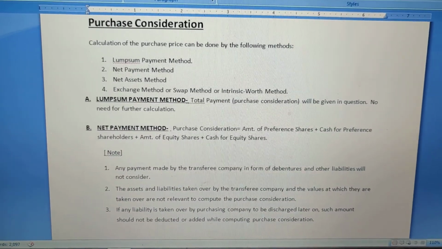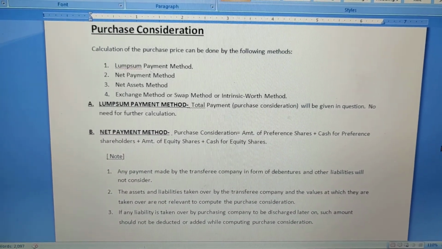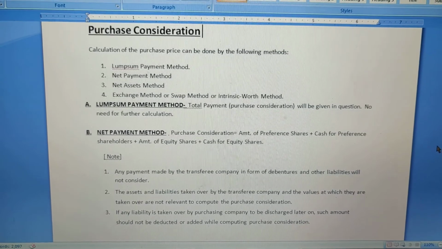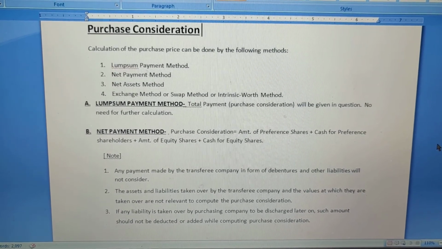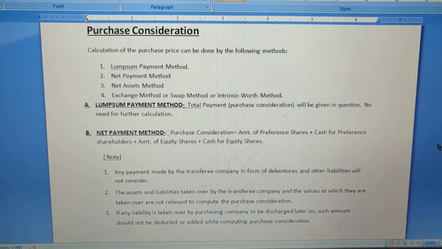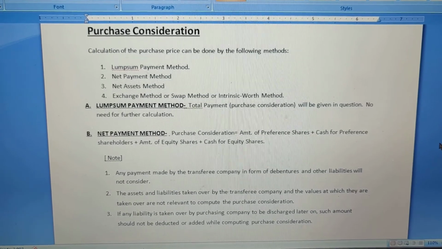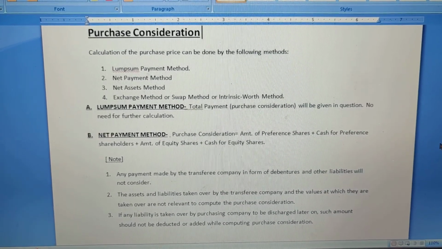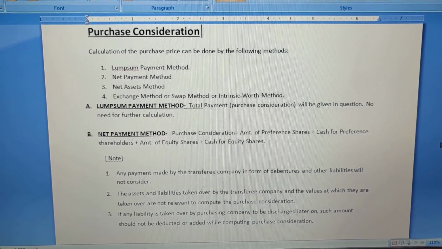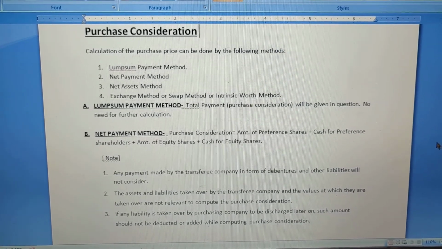So how do we calculate the purchase consideration? There are four methods. We'll discuss the theory and the meaning of all these four methods first, and then we'll do the practical questions based on them. The first method is the lump sum payment method.